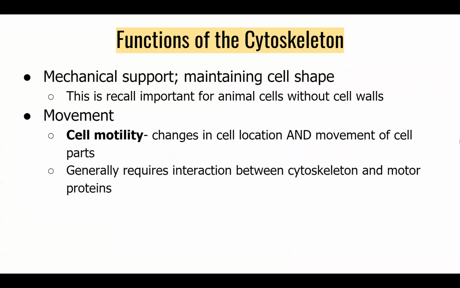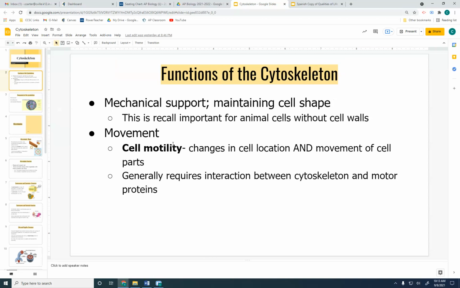So to start us off, there are two big functions of the cytoskeleton. That is mechanical support, so actually physically supporting the cell. This is really important, not recall important, really important for animal cells who don't have cell walls to do all of their support for them.